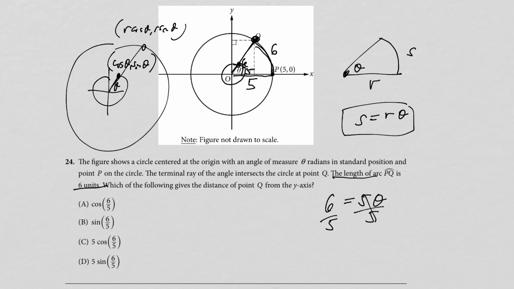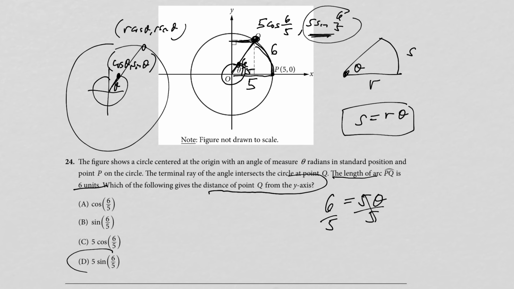So this point here is 5 cosine 6/5 comma 5 sine 6/5. And they want distance to the y-axis, which means this line, which is this length here. So it's 5 sine 6/5. Choice D.